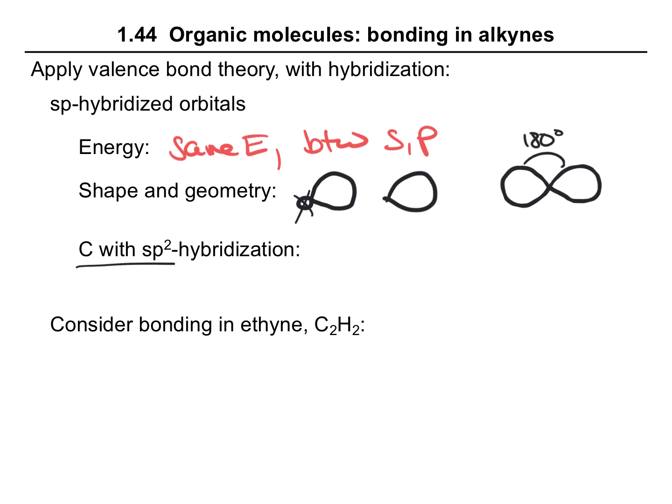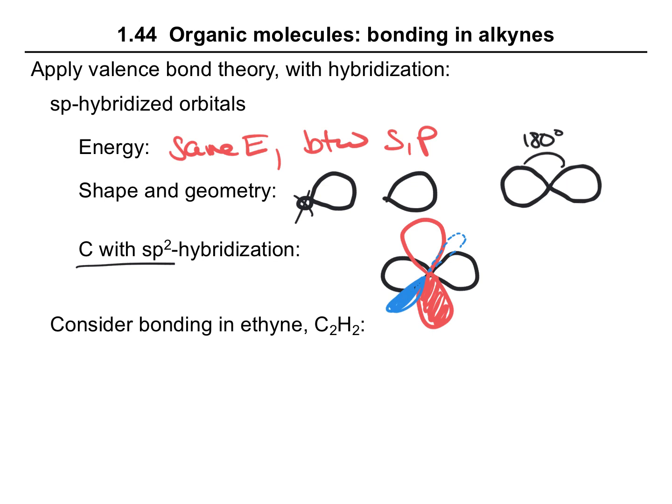So a carbon with sp hybridization, we're going to have 1 sp orbital and a second sp orbital. And then we are going to have an unchanged p orbital. And we're going to have another unchanged p orbital. So this one would be going back behind the screen and in front of the screen.